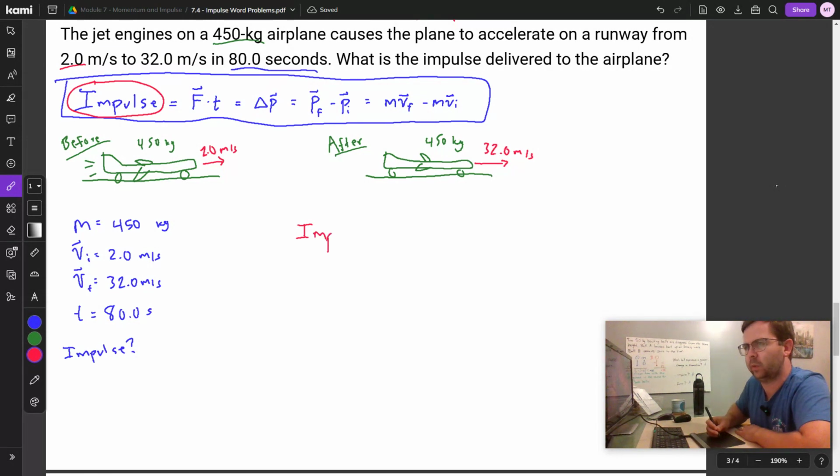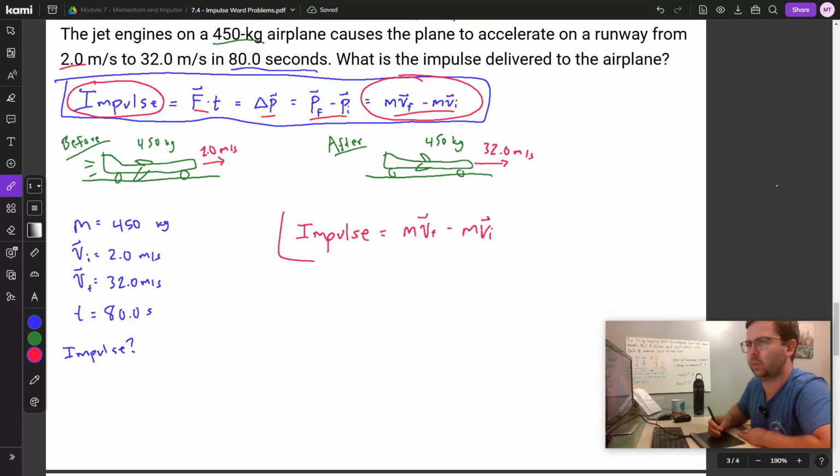Impulse is one of the quantities we are looking for. And then we can choose one of these other quantities that meet the requirements of our problem to help us solve for impulse. It'd be nice if we could use this one, force and time, because it's pretty simple, but we weren't given a force value, so we can't really use that one. It looks like the one we're going to have to be using is this one right here, the change in momentum, which is mass times final velocity minus mass times initial velocity.